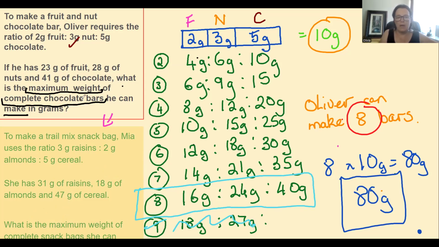So the process is the same as what we have just done now. So try it independently first. And then if you're struggling, play my video at the same time and follow the process I used for this Oliver's question.